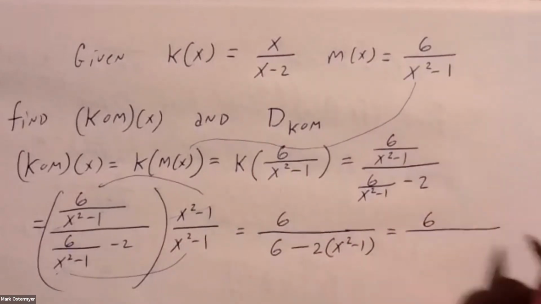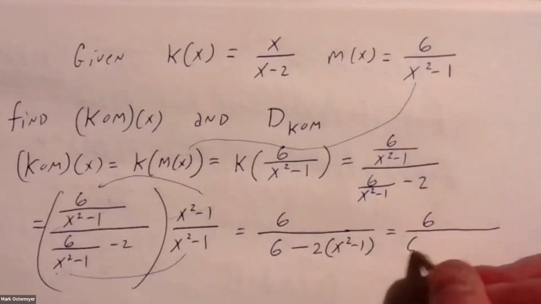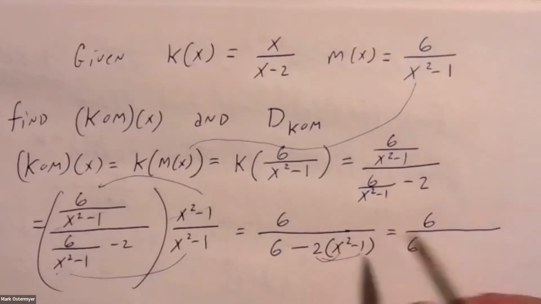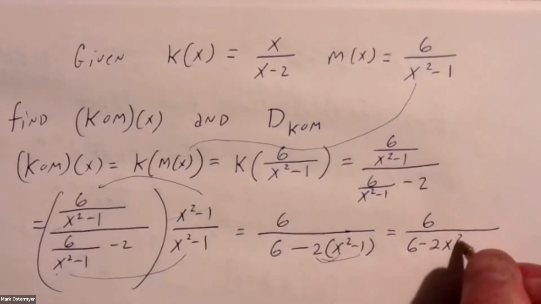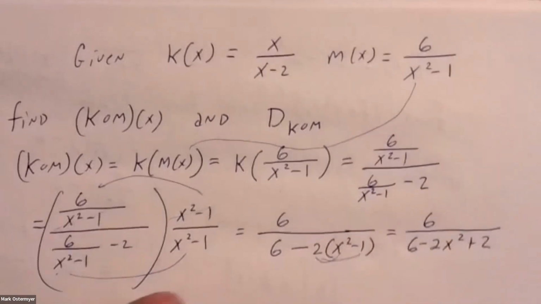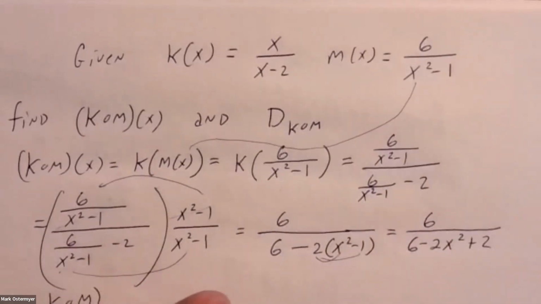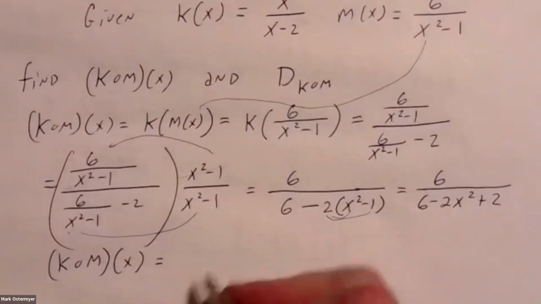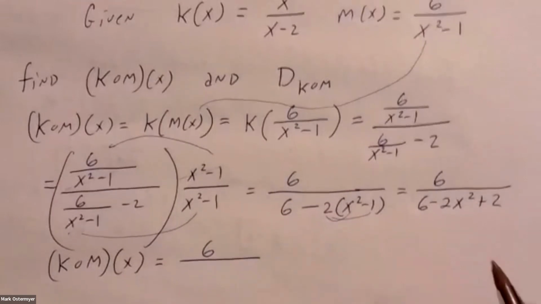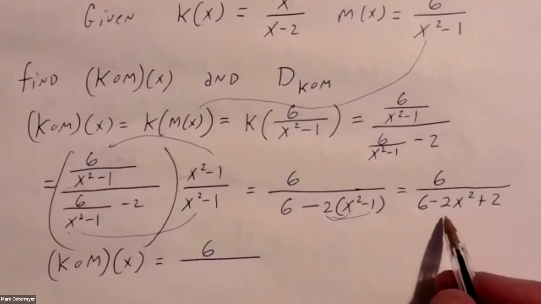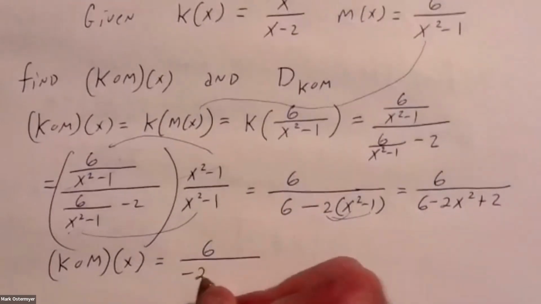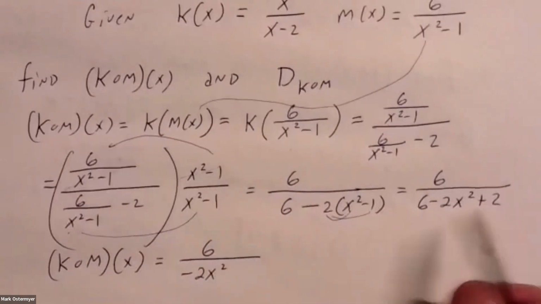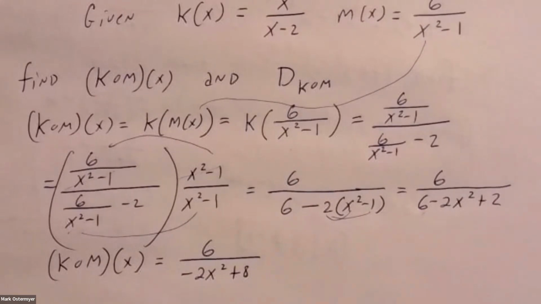So we have 6 over 6, and distributing the negative 2 inside the parentheses, we get minus 2x squared plus 2. So our brand new function k composed with m of x simplifies down to 6 over negative 2x squared plus 8, correct? That's your brand new function called k composed with m of x.